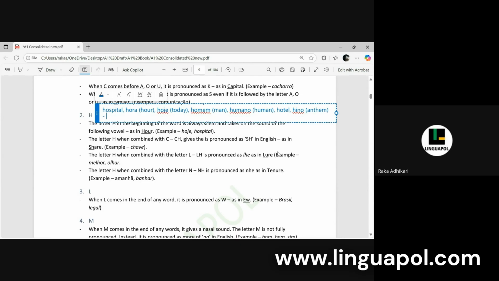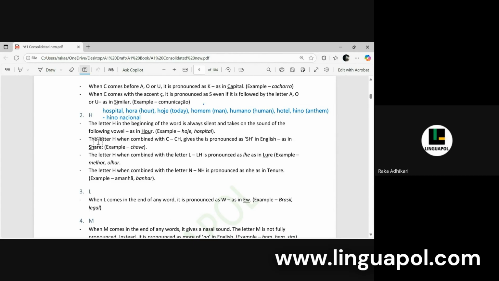So you often use the phrase hino nacional, national anthem. When you go for any matches like World Cups, there's a lot of talk around the national anthem. That is hino nacional. I think that is enough examples. So the first rule is that when the word begins with the letter agá itself, then we don't pronounce it. We start the pronunciation from the second letter of the word.